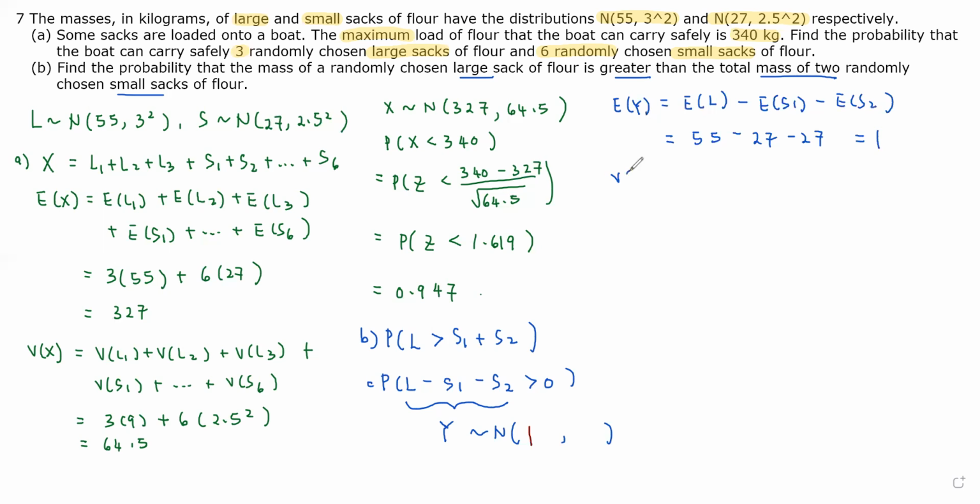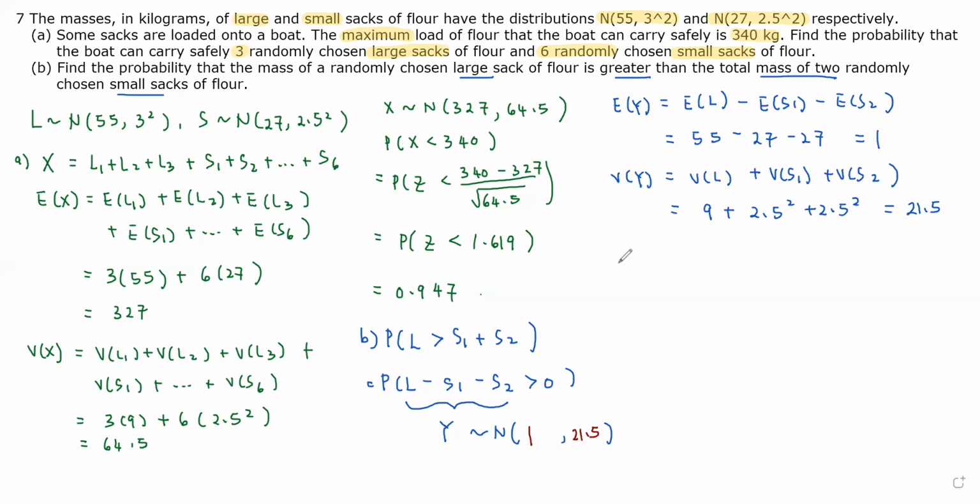Then the variance of Y here is the variance of L plus the variance of S plus the variance of S. And that will give us 9 plus 2.5 squared plus 2.5 squared, which is 21.5. So this is 21.5, which is the variance.